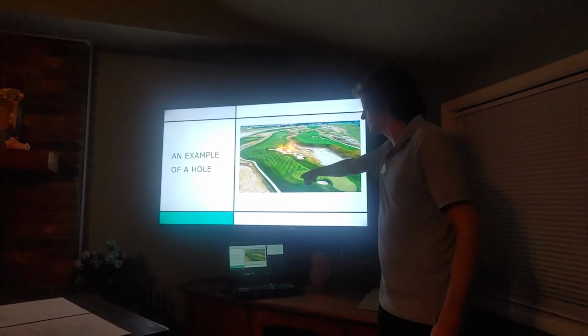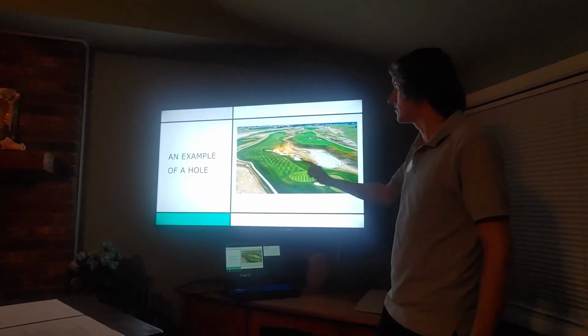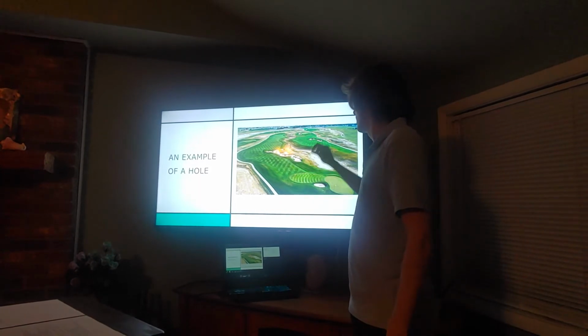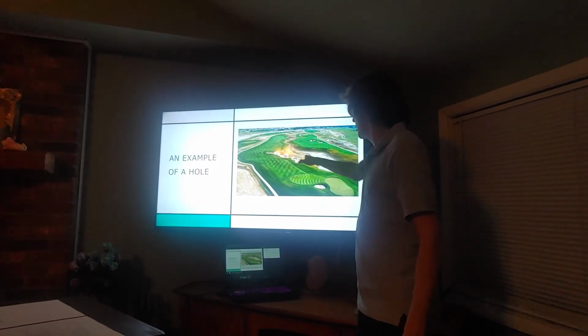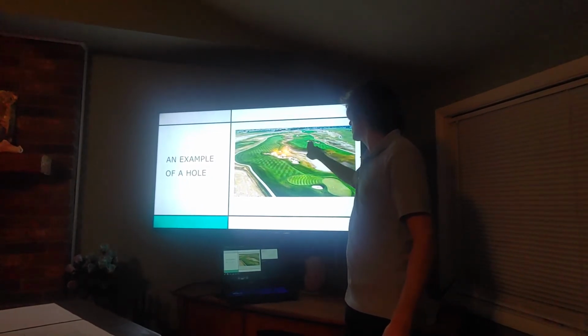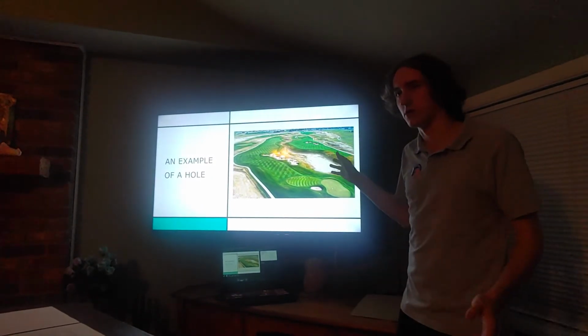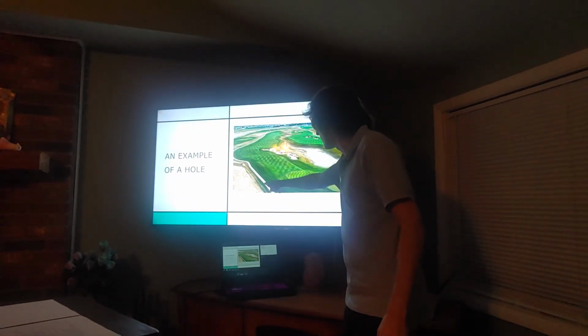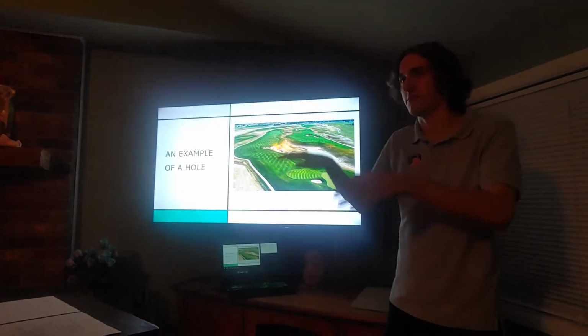That's called a fringe. I didn't actually label that, but that's not really too important for you right now. So we have this area here being the hazard. We have these sand areas. They're called bunkers. They have sand in them. And I believe all of this is completely out of bounds.